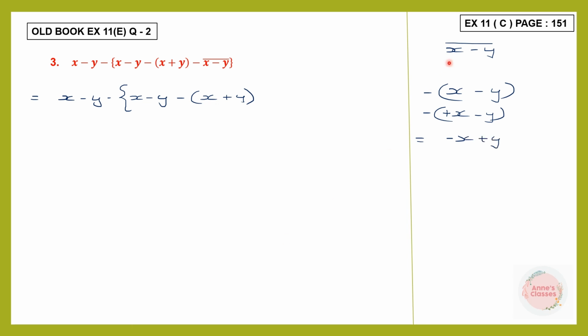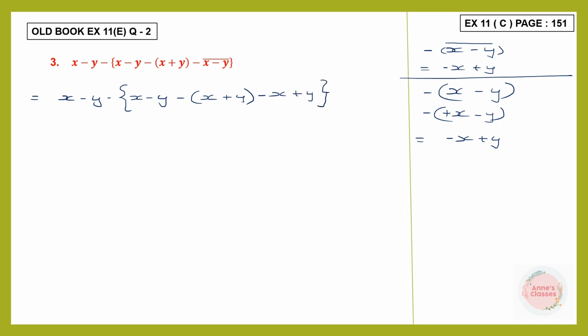It's the same thing in the case of a bar bracket. If you have a minus sign before it, the sign of all these will change. So this becomes minus x plus y. So this is what we need to write here. So that is minus x plus y, and we have removed the bar bracket.